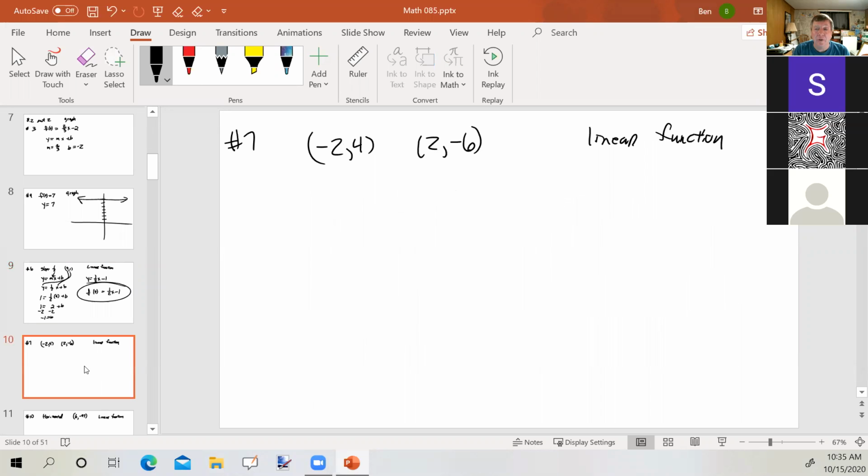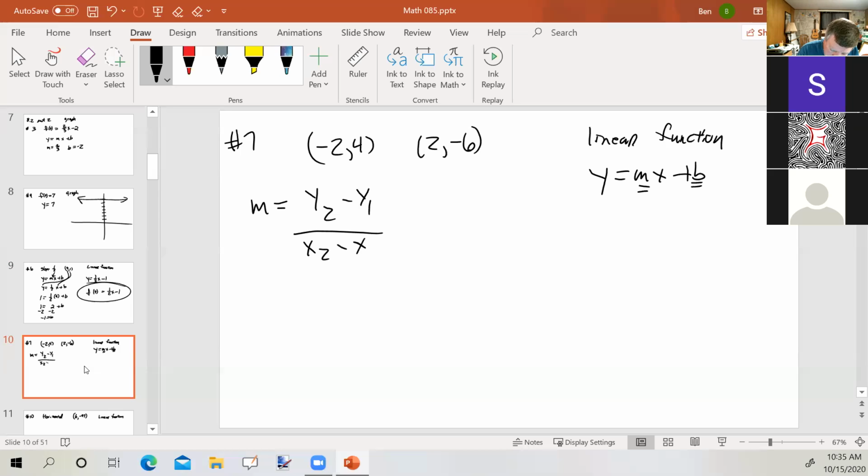All right, here's another one. Come up with a linear function that passes through the following 2 points. Well, I want to get it in the form y equals mx plus b, so I need m and b. M is the slope. I don't have that, but I could use the slope formula. And the 2 points, this will be point 1 and point 2.